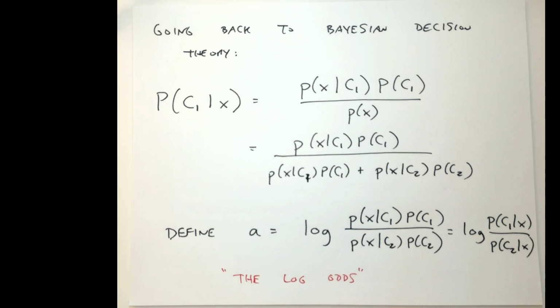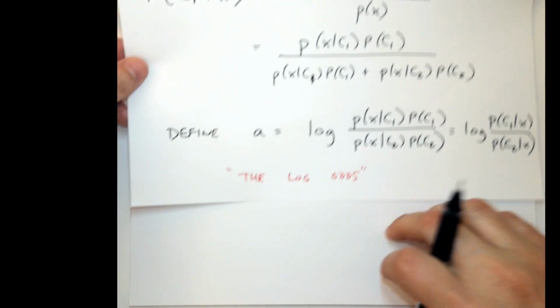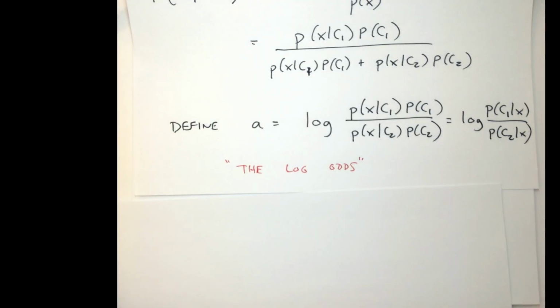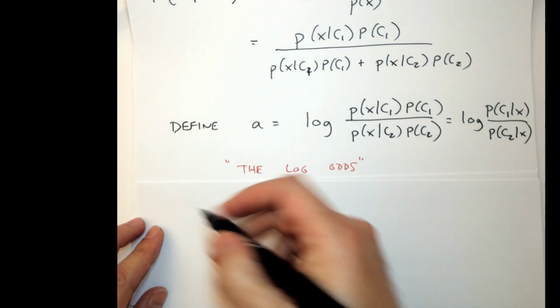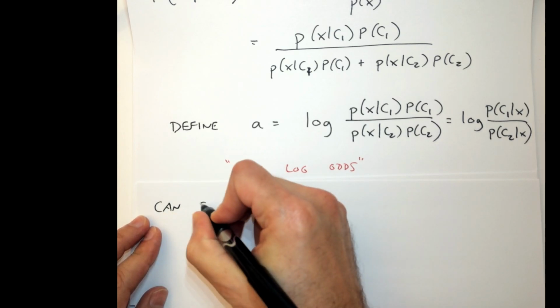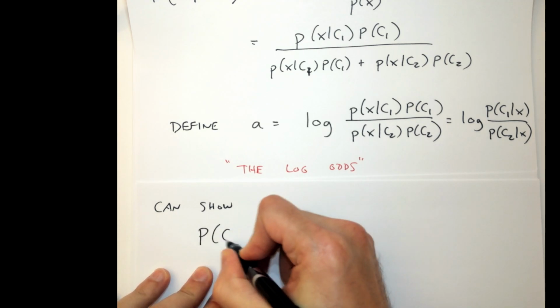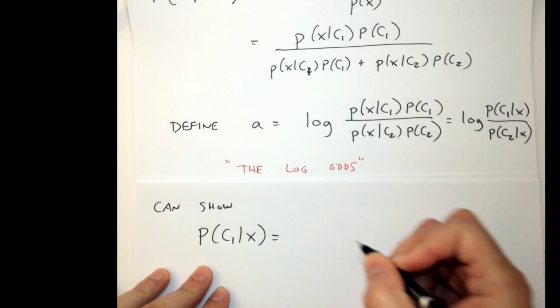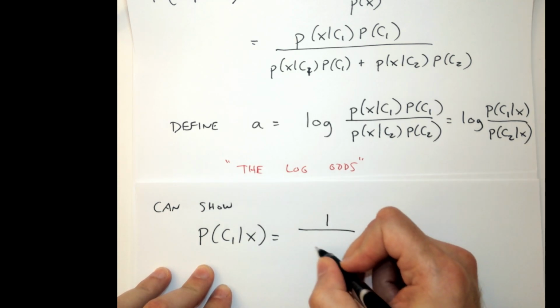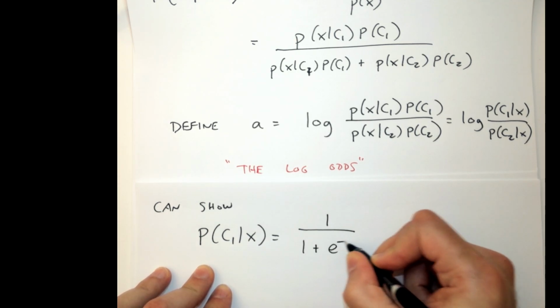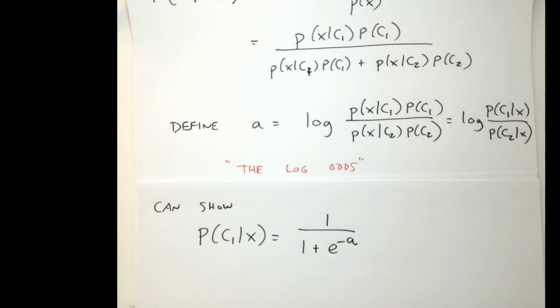And so now what I want to do is write the posterior probability in terms of this a. Okay, so with a little bit of manipulation, we can show that the thing at the top of the paper is related to a by this much simpler equation.